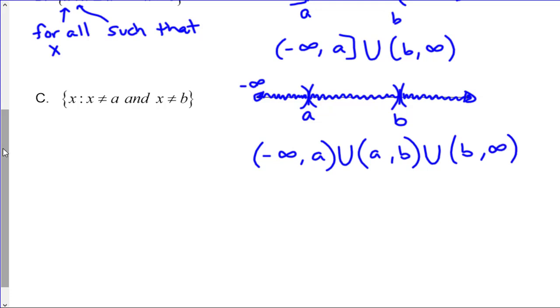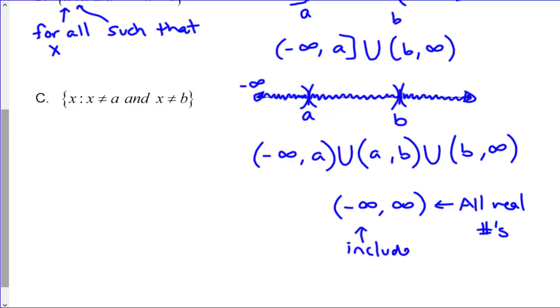I've had students in the past ask, why can't I just simplify this down to just negative infinity, comma, positive infinity, which is the same thing as all real numbers? Well, the problem is this set right here includes the values a and b.